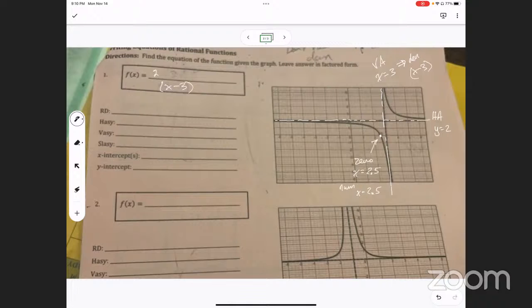So 2.5 is 5 halves, so you do a little trick: multiply this 2 over to the front. So 2x minus 5. And that helps because we know there has to be a 2 in front.